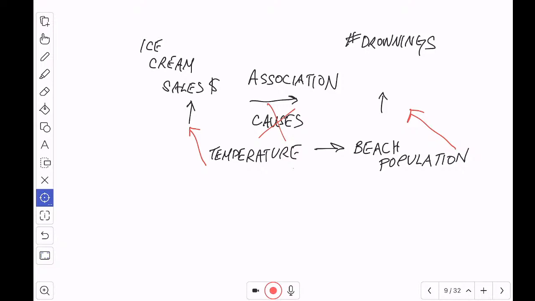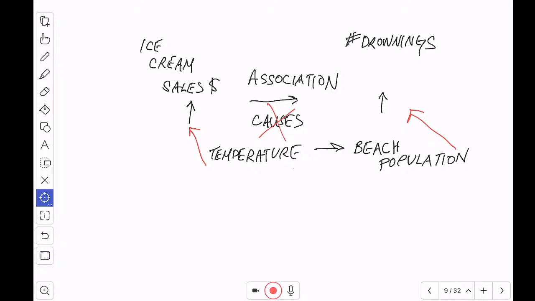So what about this? If in this case, we were able to identify a source, right? We could say, well, temperature seems to be associated with the beach population, and the beach population contributes to more drownings and also to more sales. So we could actually get information on these variables.